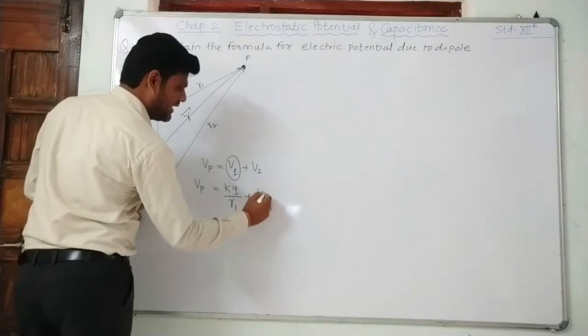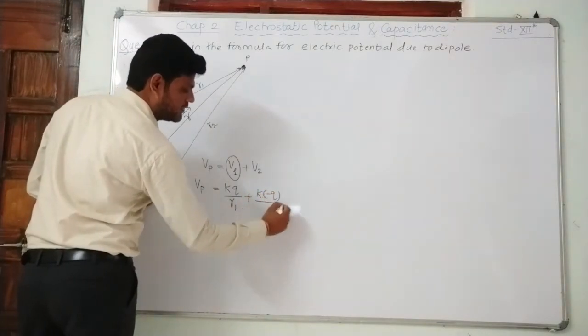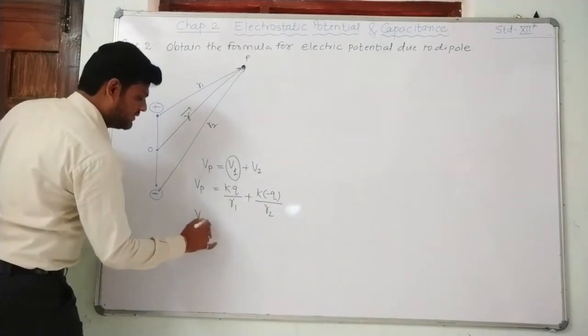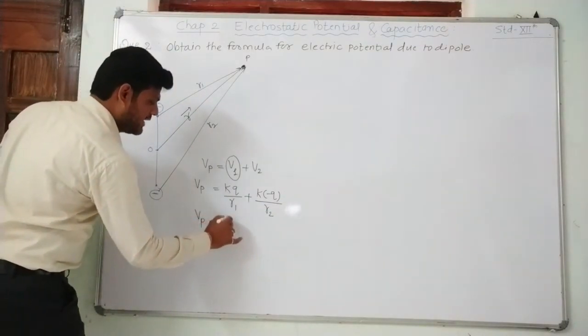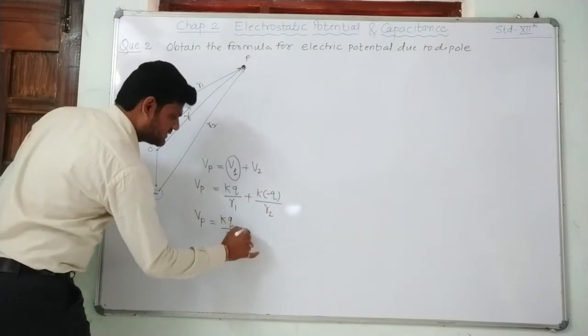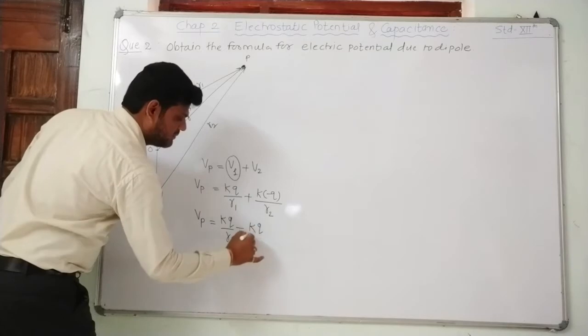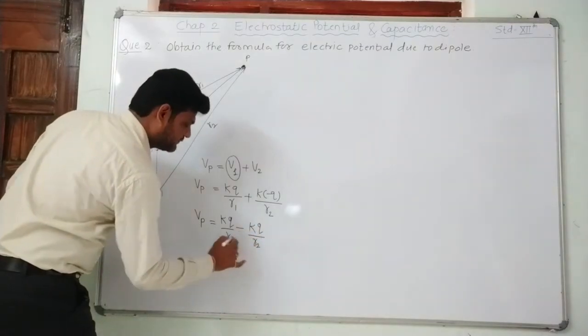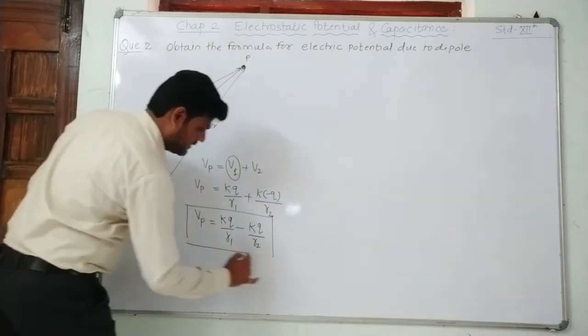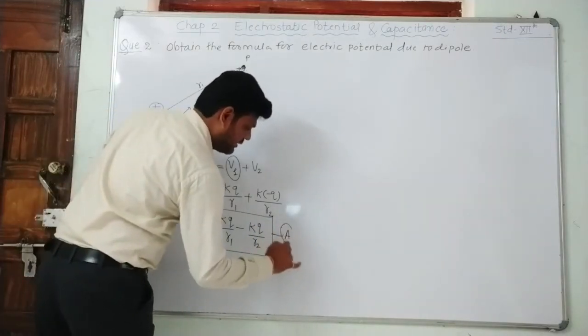So we write K times minus Q divided by R2. Finally, what is potential at point P? It will be equal to K Q by R1 minus K Q by R2. Right? So this is our formula, equation number A.